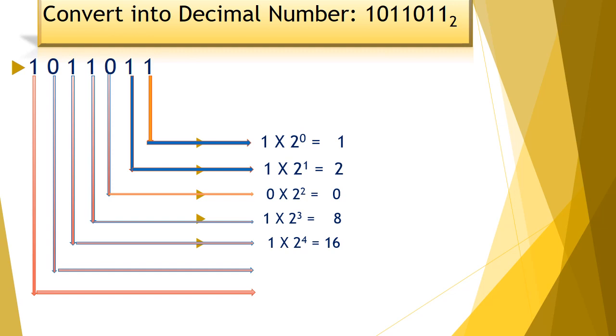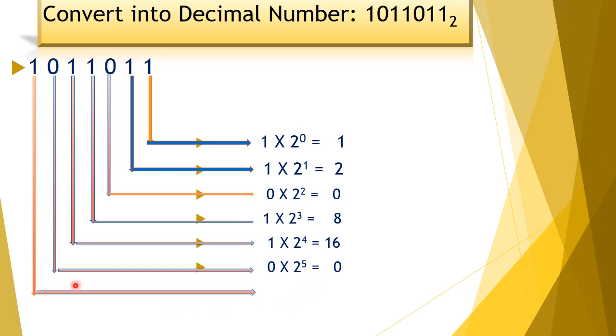The next digit is again 0. 0 is multiplied by 2 raised to the power 5, that is 0 into 32. The answer is 0.